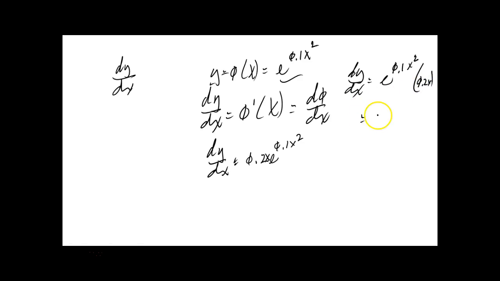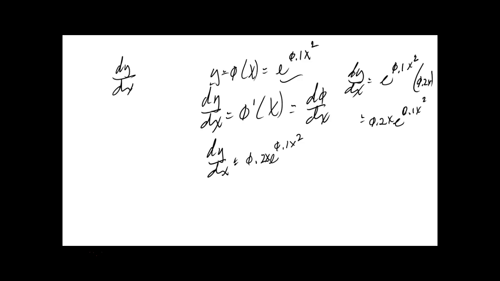And then I would have rewritten it as 0.2 x e to the 0.1 x squared, just because that's how my mind works. If you do the chain rule part first, fine. It's going to wind up in front most of the time. But that's the answer.